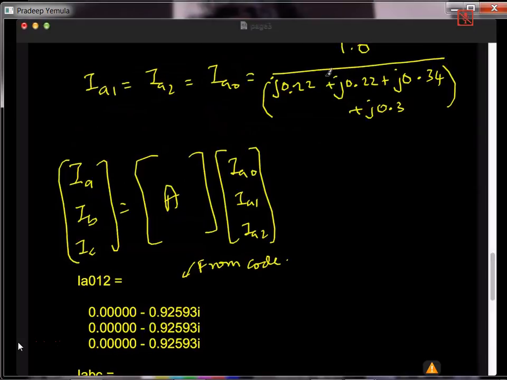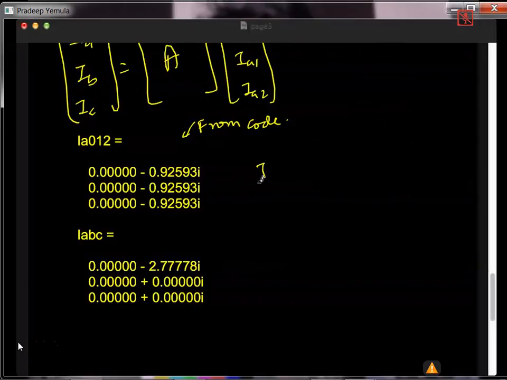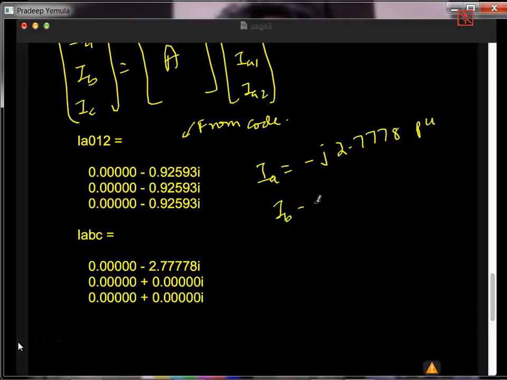So here IA0 is nothing but minus j0.92593, and from that if I calculate this, then IA is minus j2.7778 per unit and IB equal to IC equal to 0. Of course, because there is a line to ground fault, there is no current in the other two lines. The A phase fault current is there, that is this one.